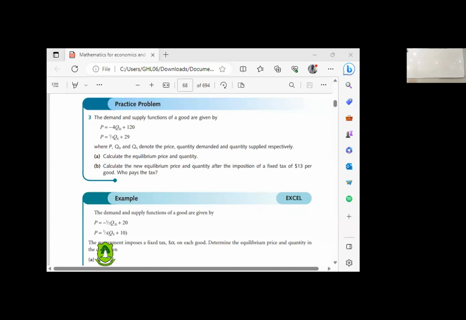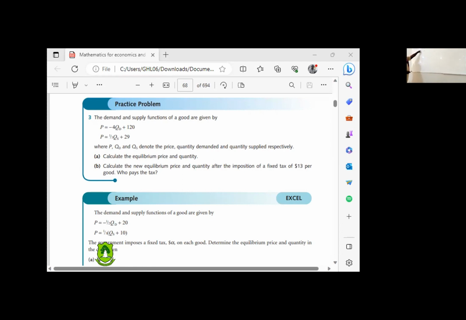Now let's look at this. We have price, are we together? P is equal to minus 4QD plus 120. And the other one is P is equal to 1 over 3 QS plus 29. So the A part. Even with this one, you know clearly this is the quantity demanded equation and this is quantity supplied.